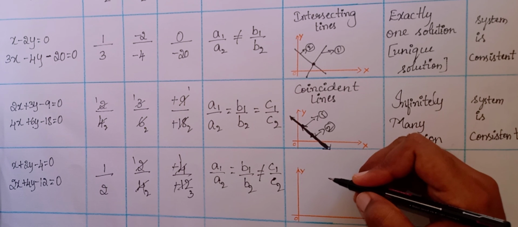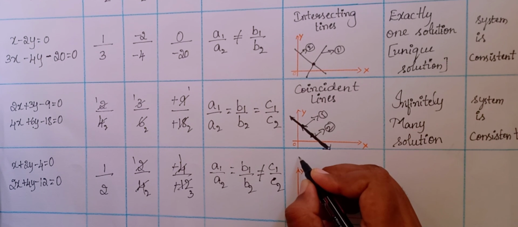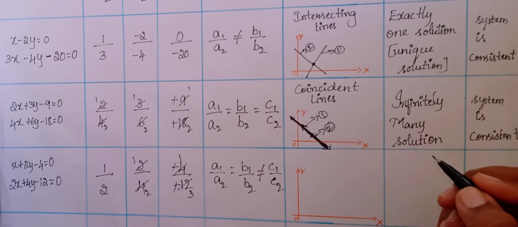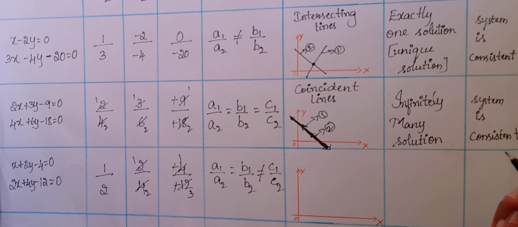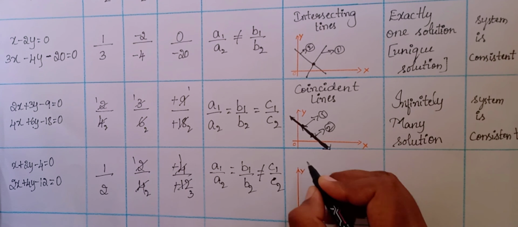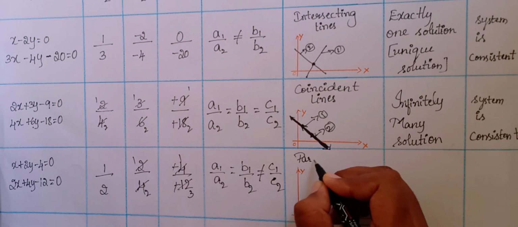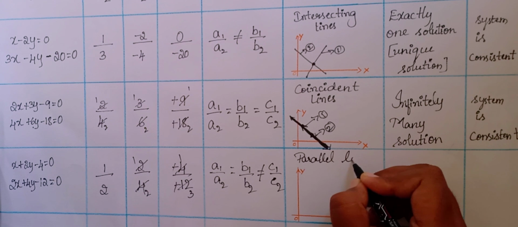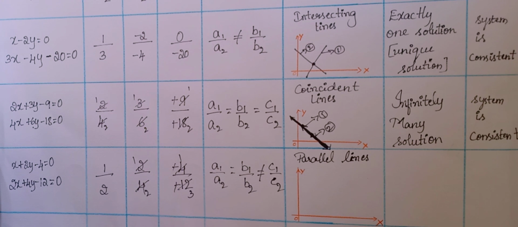Now we will see the graph for this. For this condition, we will get a parallel line graph.